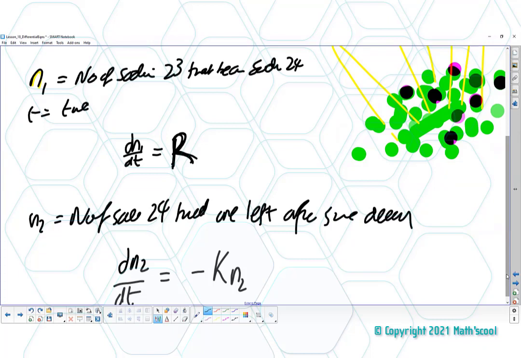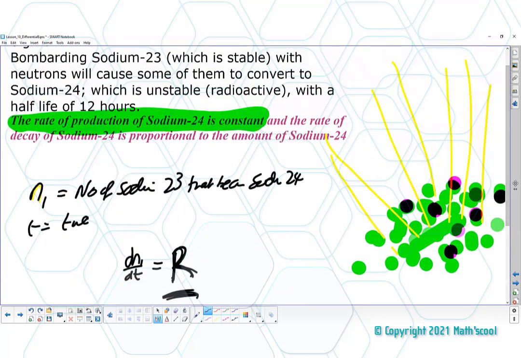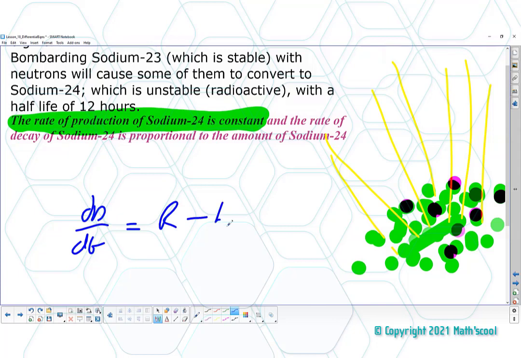They're sodium-24s. So it should be quite easy to put that together and work out what dN by dt is. It's R minus Kn. These are the ones that are appearing, and these are the ones that are decaying.